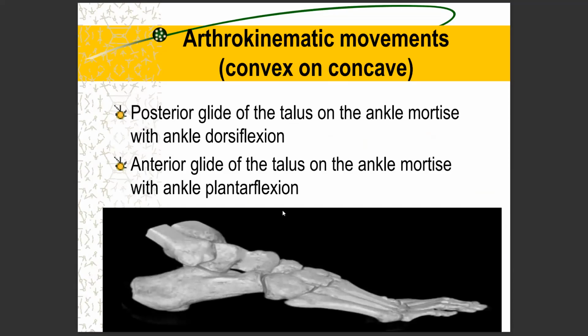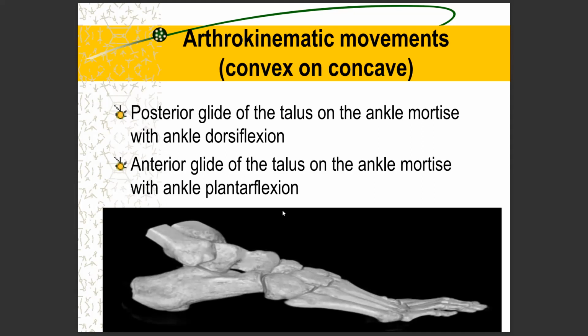If you talk about the arthrokinematic movements, which are obviously the convex and the concave, there is posterior gliding of the talus on the ankle mortise when there is ankle dorsiflexion. It is very important to remember what happens during dorsiflexion, which is the osteokinematic movement.